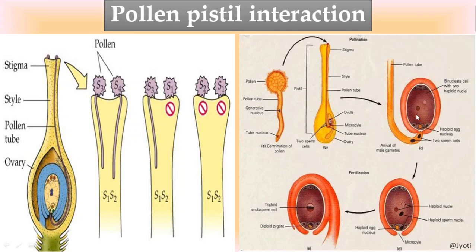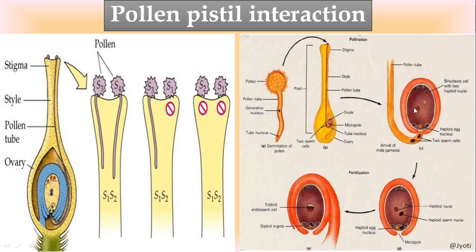So here the fusion takes place twice. So it is called double fertilization. And when the other male gamete fuses with the secondary nucleus, it is a triple fusion.